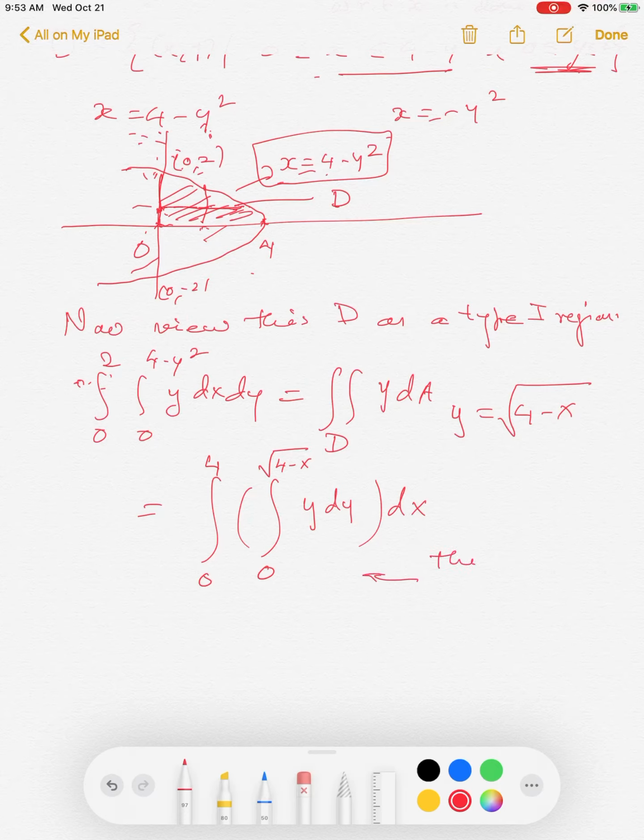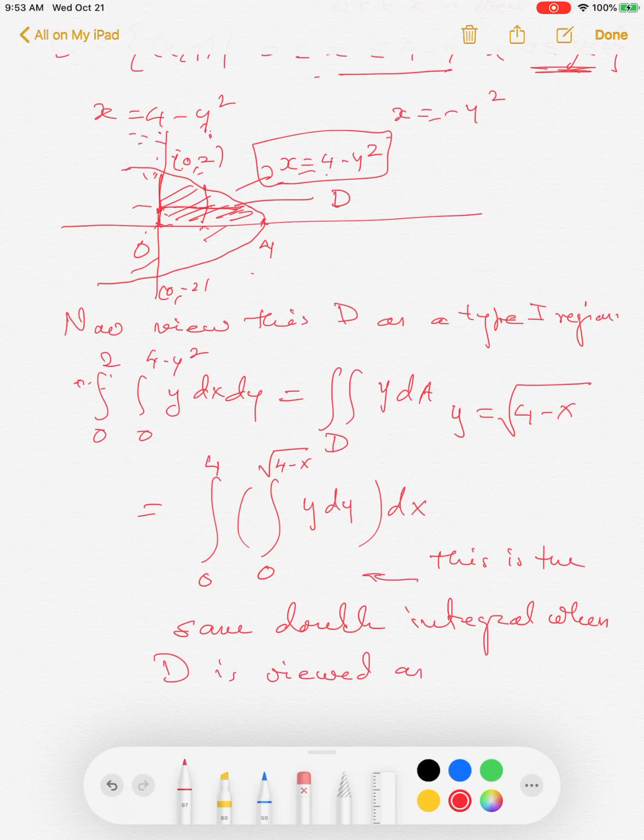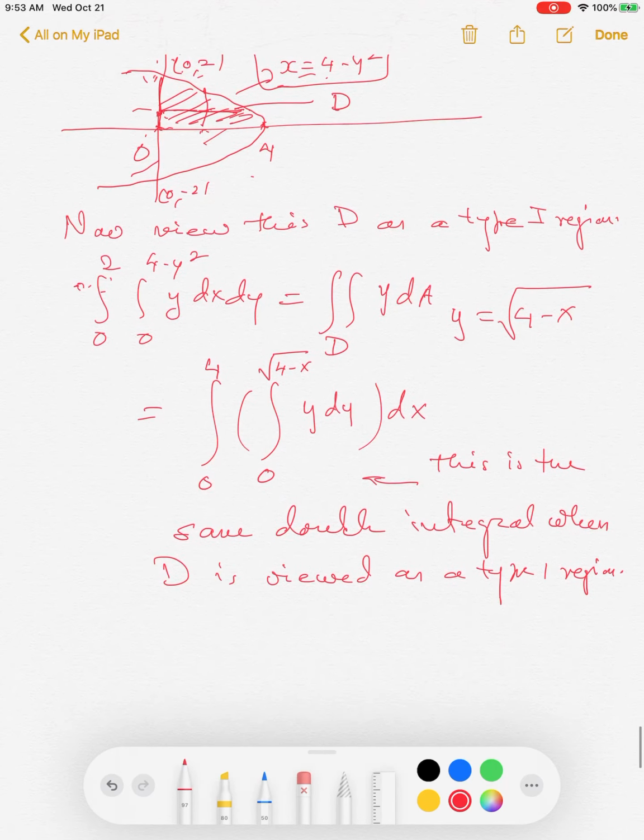So this is the same double integral when D is viewed as a type 1 region.